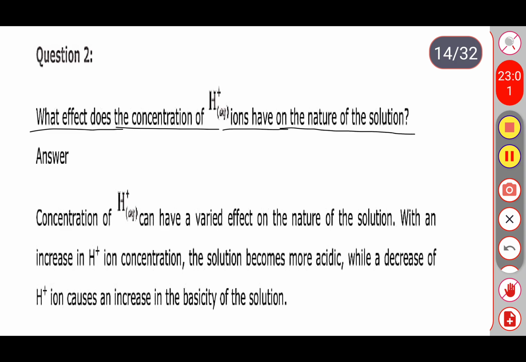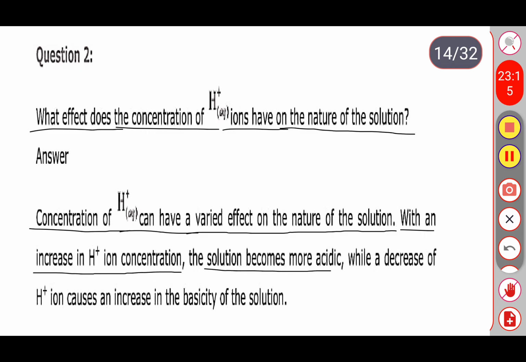With an increase in hydrogen ion concentration, the solution becomes more acidic, while a decrease of hydrogen ions causes an increase in the basicity of the solution. It means in any solution, if maximum hydrogen ions are present, that type of solution is considered a concentrated acidic solution.